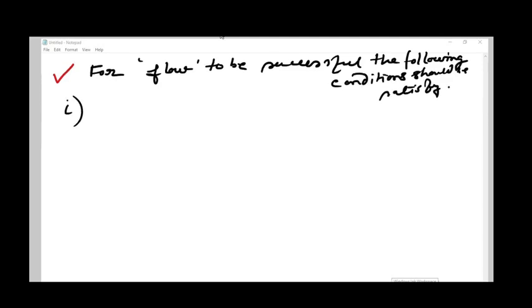Condition number 1: q(i,j) should be greater than or equal to flow f(i,j), which should be greater than or equal to 0.